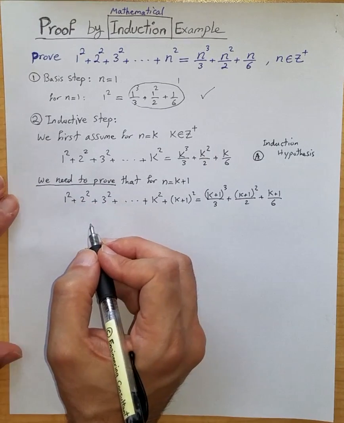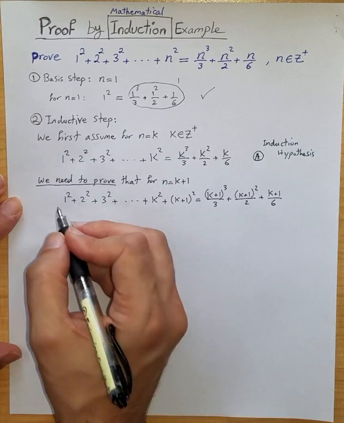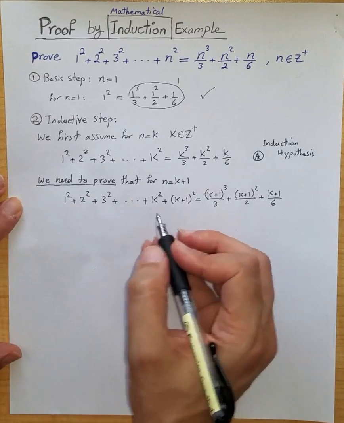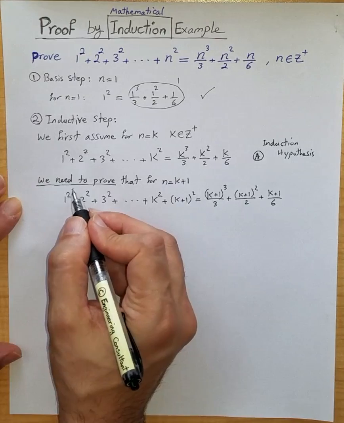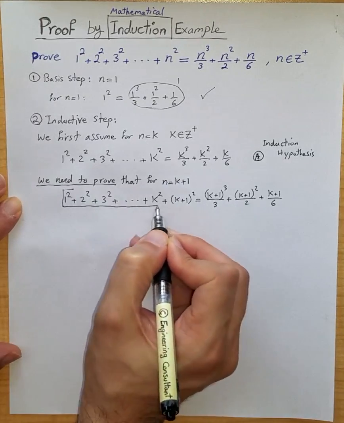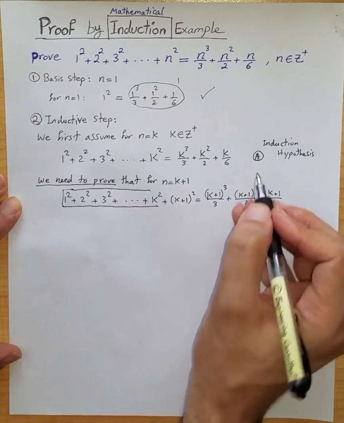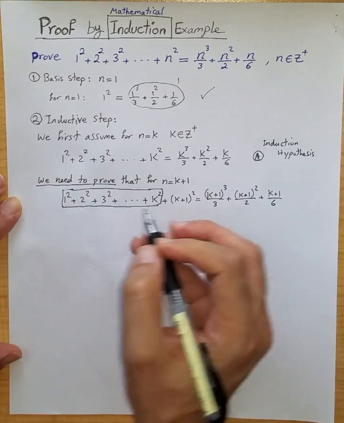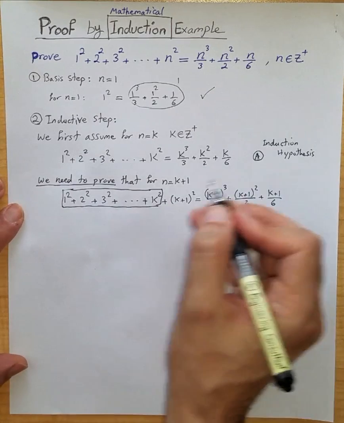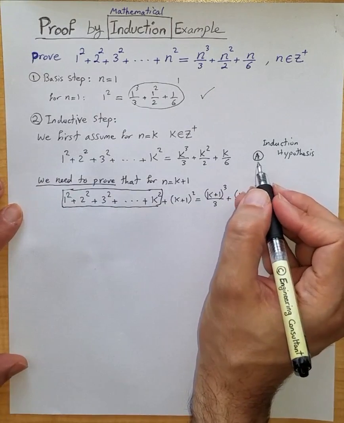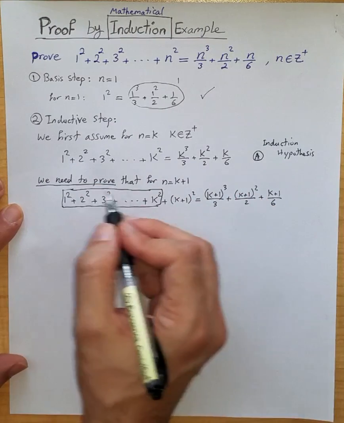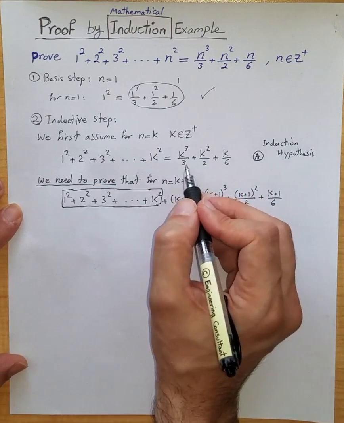Alright, let's start from the left hand side, because you can see that on the left hand side this portion is exactly the left hand side of equation A. So using the induction hypothesis in equation A, I can just substitute this with the right hand side.